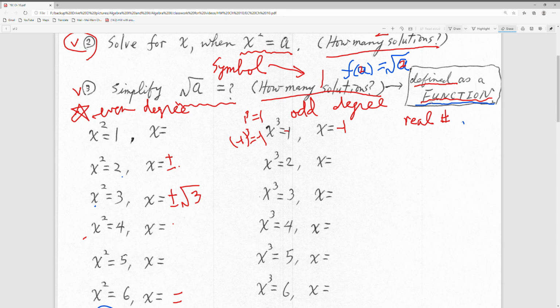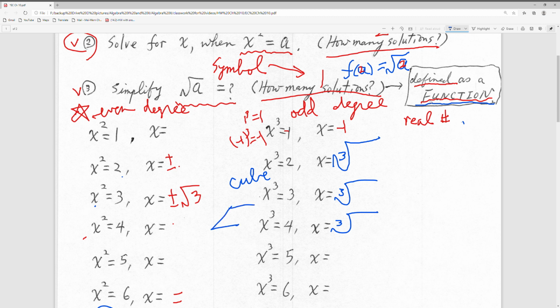So keep going. When x cubed equals 2, if you have no way to guess the solution, the mathematicians created a symbol for you: the cube root.